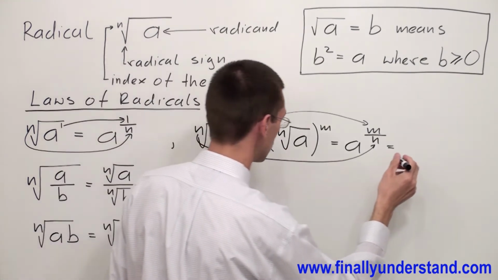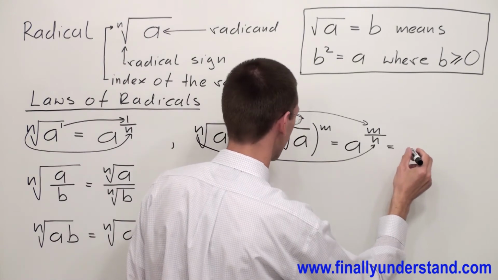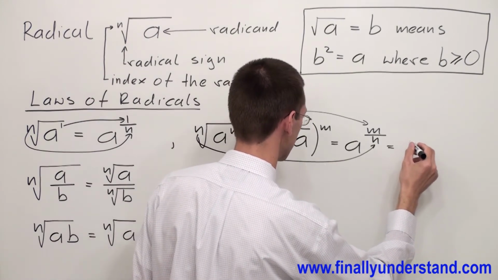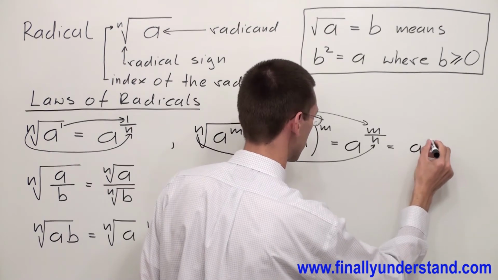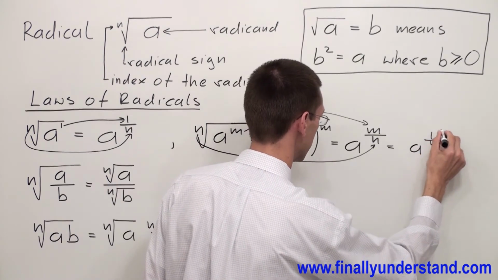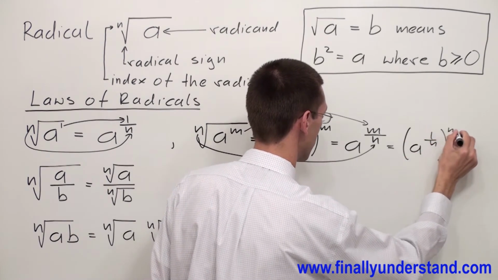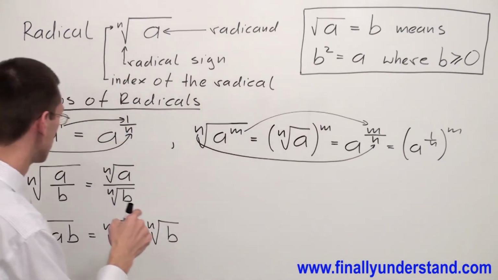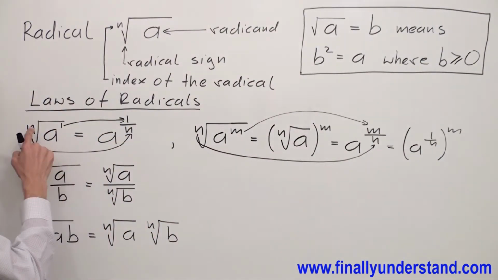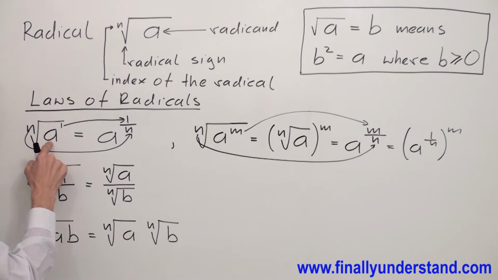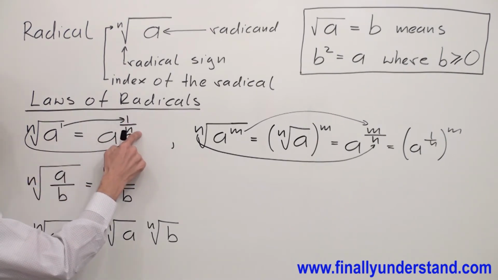Okay? I would like to just remind you that we can have a situation like this. We have a to the 1 over n, to the m power. If you look at the very first law, n root of a is equal to a to 1 over n.